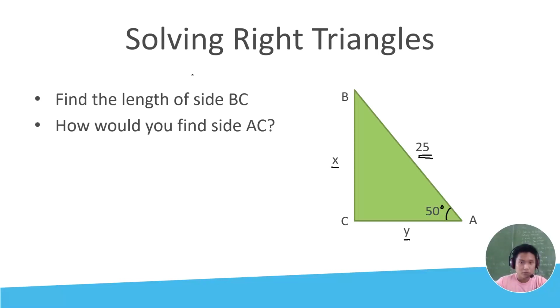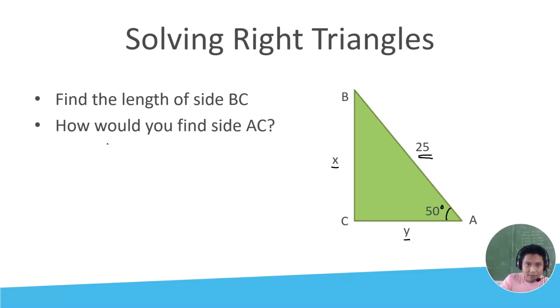So how do we solve that? It is important that we have our scientific calculators in solving this problem, so that we will not have a hard time in solving trigonometric functions.